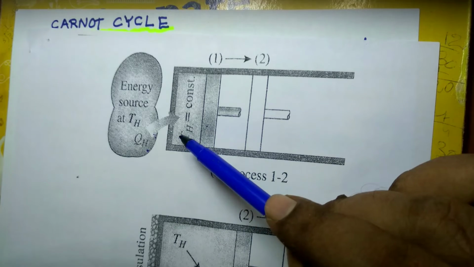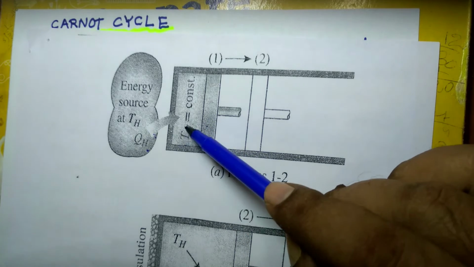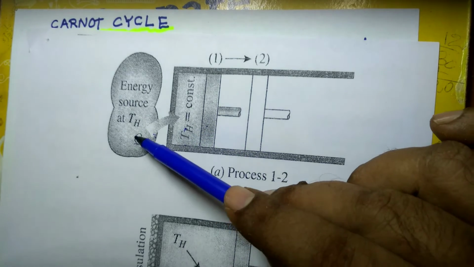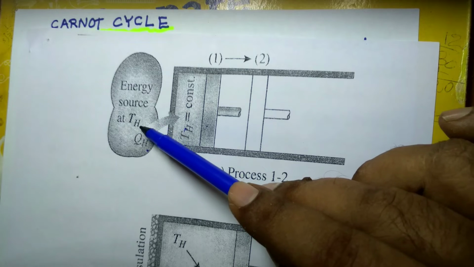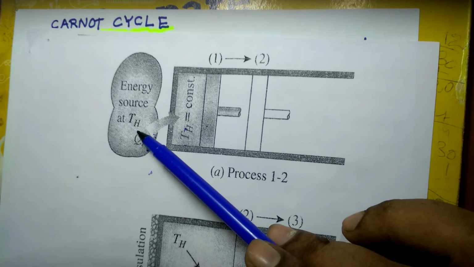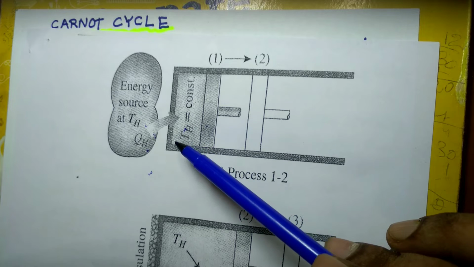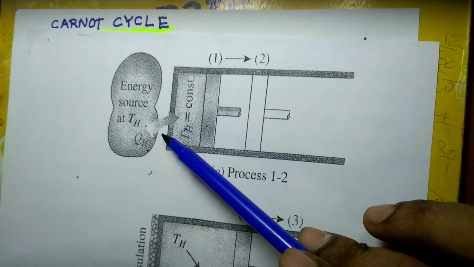In this first process, an isothermal expansion, the cylinder head is in contact with a thermal energy reservoir or source, a high temperature thermal energy source. Thermal energy reservoirs are of two types: the one from which heat is taken is called the source, and the one to which heat is rejected is called the sink. That we have already covered.